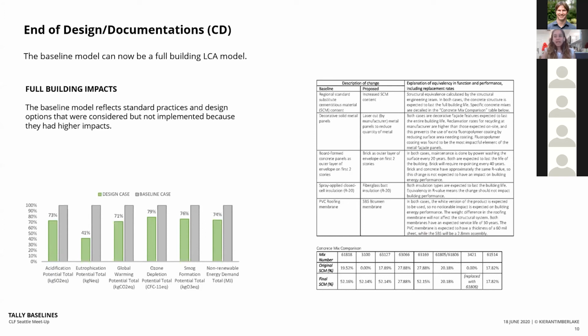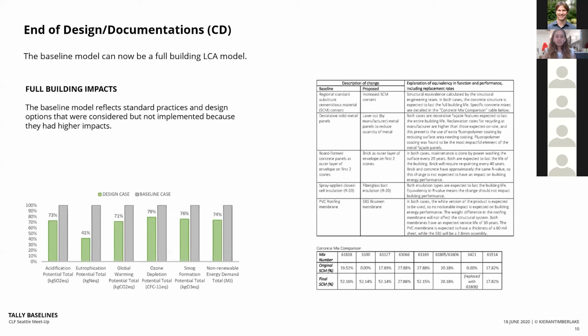And then using the accessory materials feature, you're able to approximate the quantity of a material in your model without actually creating a 3D representation of it in Revit. So those two features are pretty helpful when it comes to creating this baseline model at the end of design.